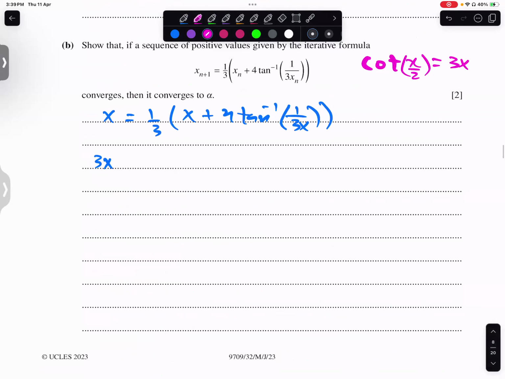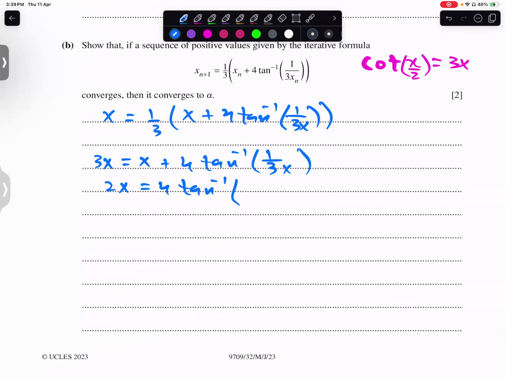So I want to make that equation from this. So 3x is equal to x plus 4 tangent inverse of 1 over 3x. So 3x minus x will be 2x is equal to 4 tan inverse of 1 over 3x.